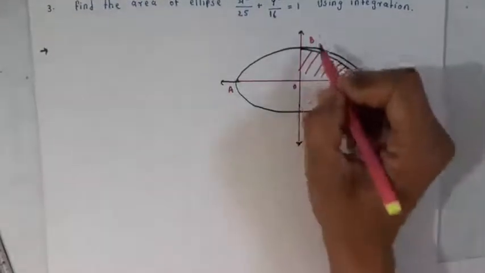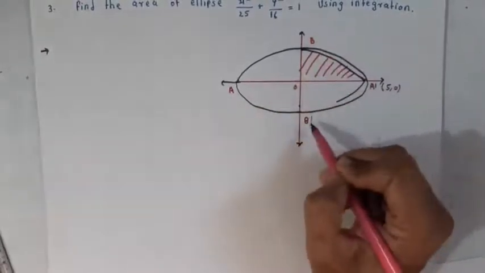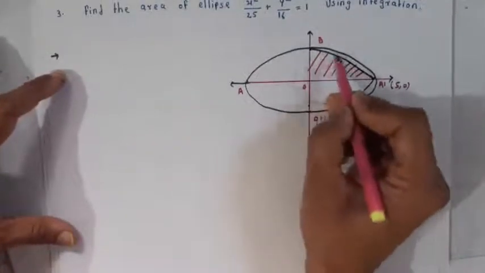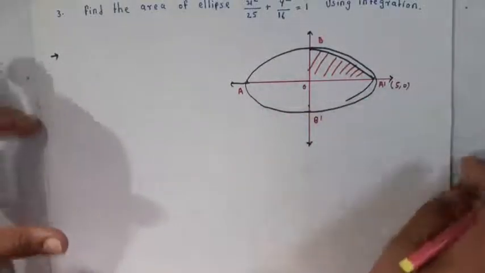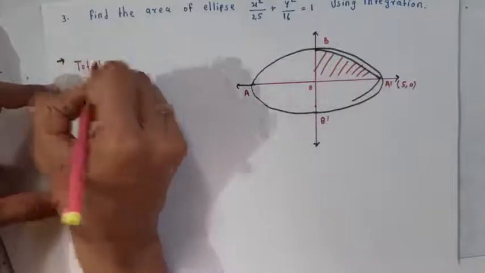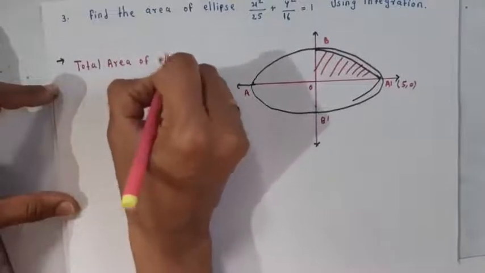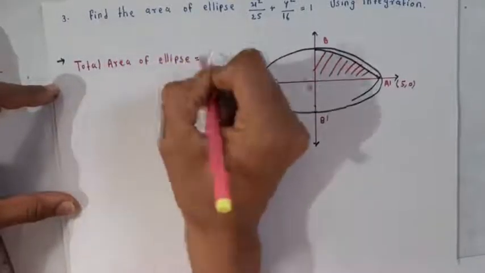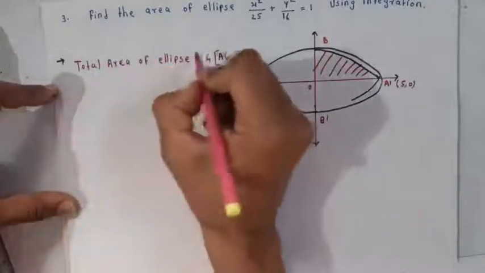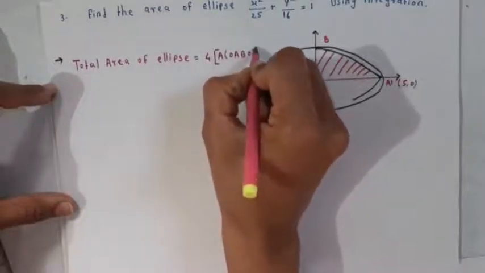Here the coordinates of B and B dash are 0, 4 and 0, minus 4. Let us find out the area in first quadrant and then multiply with 4, we will get total area. So total area of ellipse equal to 4 times area OABO.